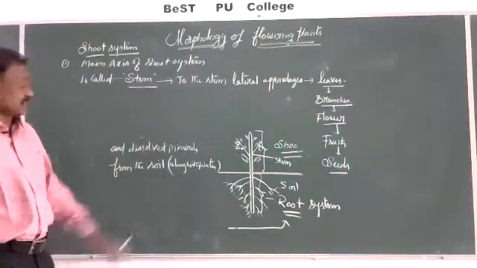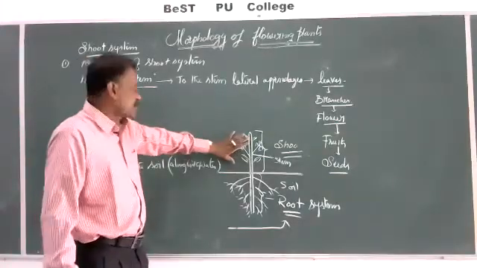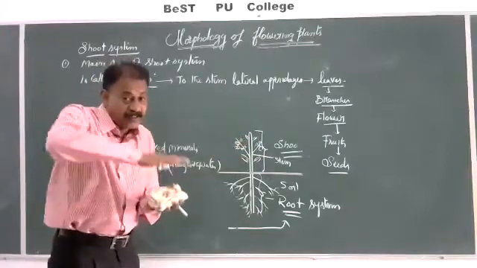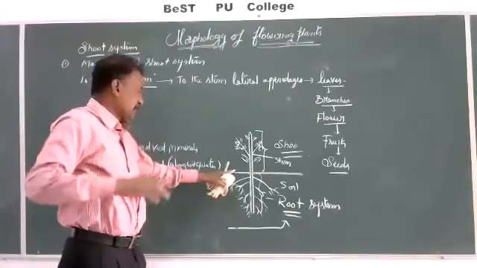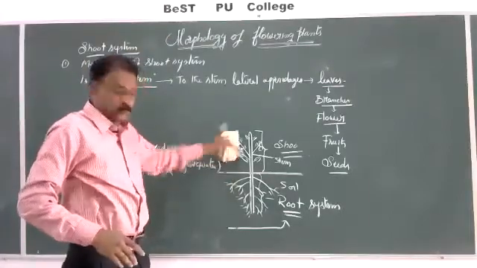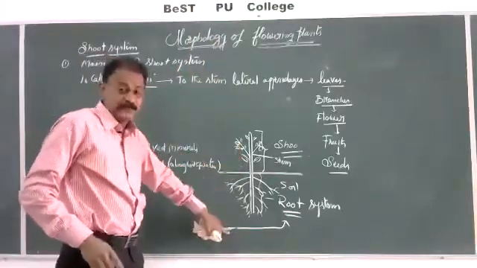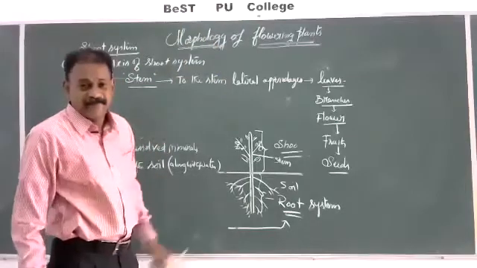Here the question comes, what is the shoot system? Shoot system is the name given to the part of the plant body which is above the ground, which is into the air, aerial, as opposed to underground. So it is growing into the air. What does it consist of?